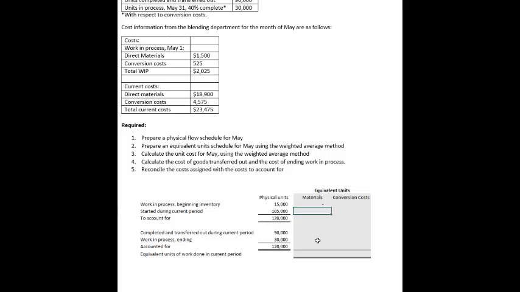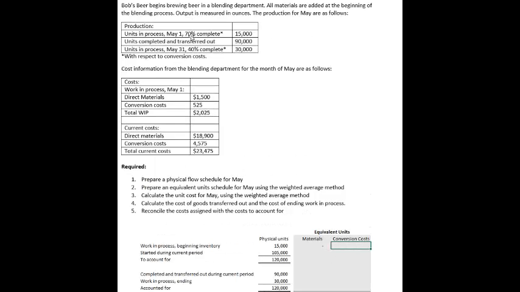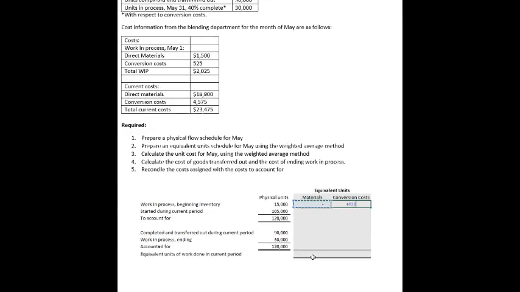It was already there, all the hops and the yeast and everything else. But for the conversion costs, there were 70% already in this 15,000. We're going to add another 30% of the conversion costs. So 4,500 equivalent units were completed during the month of May relative to the beginning work in process.